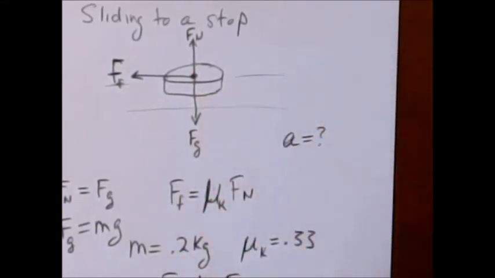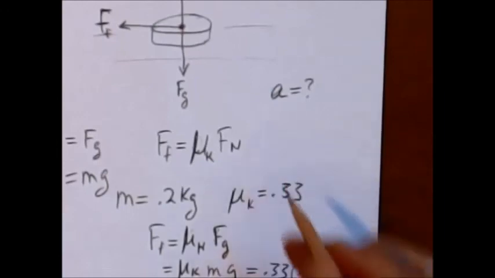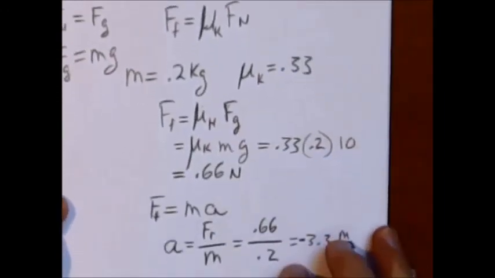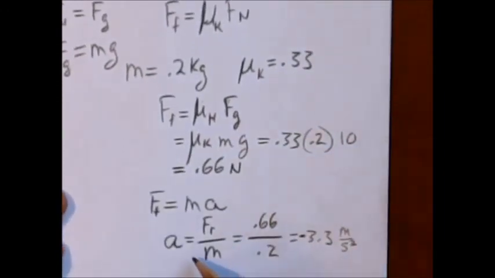And that should be a skill that you have. Okay, but for this problem I just wanted to find that acceleration. I think once you find the acceleration, then you have to do a how fast was it going in order to determine your how far. But that's for another problem.